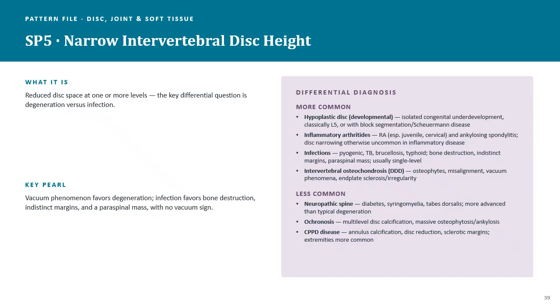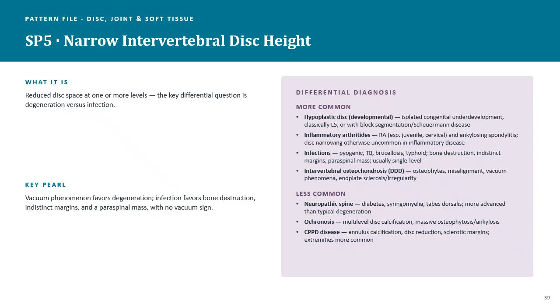There are several other causes that you see listed here on this slide, including inflammatory arthritis and discs that don't develop normally. But again, don't get overwhelmed with this huge list. We're just talking about what a narrow intervertebral disc height is and some possible reasons for it.